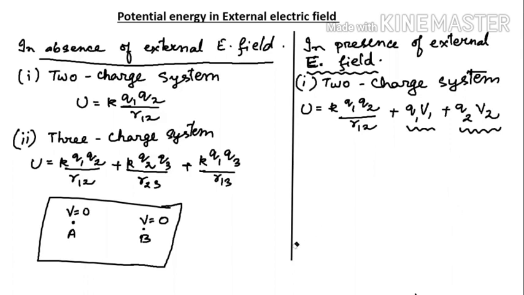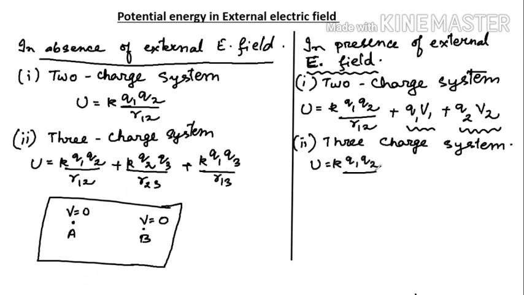So for a three charge system, our potential energy expression was this only: K Q1 Q2 by R12, plus K Q2 Q3 by R23, plus K Q1 Q3 by R13. And this was the potential energy for a three charge system.